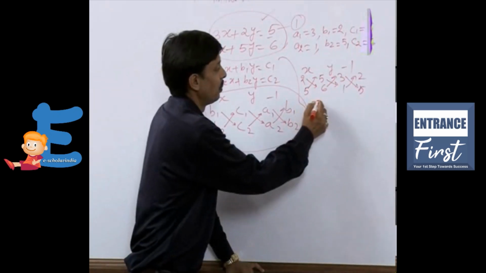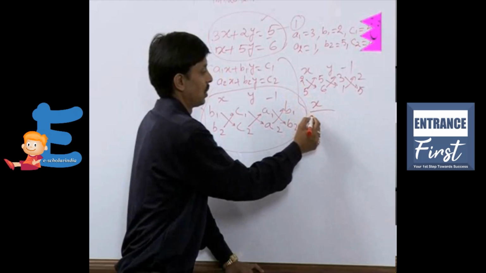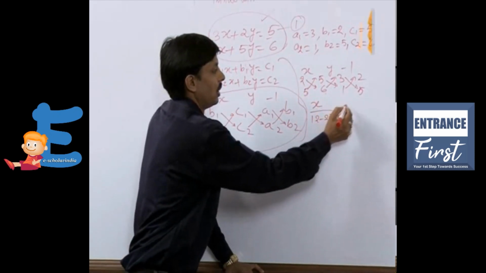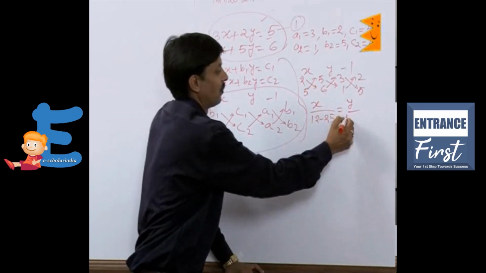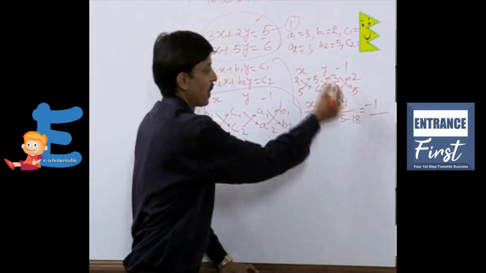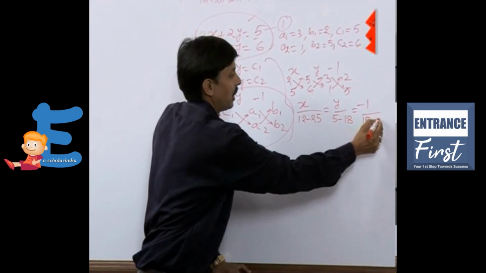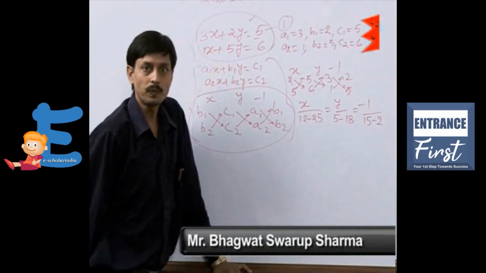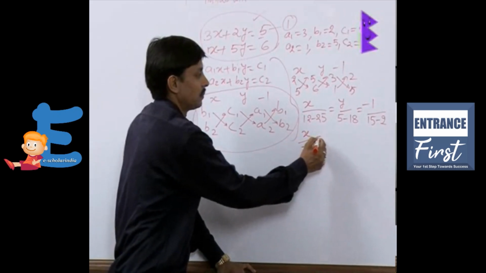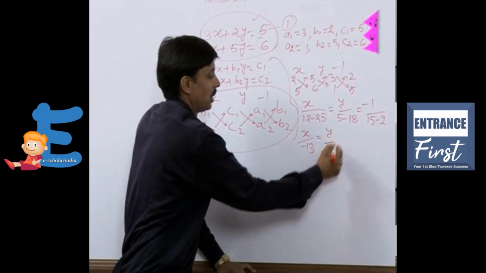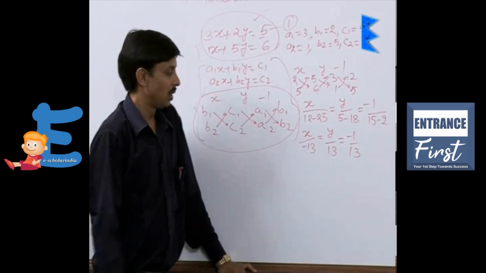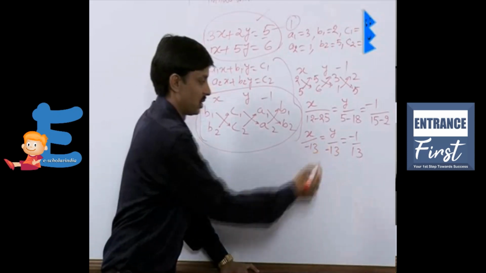It is coming out to be x upon 6 into 2 is 12 minus 5 into 5 is 25, is equal to y upon 5 into 1 is 5 minus 6 into 3 is 18, and minus 1 upon 5 into 3 is 15 minus 2. Now this becomes x upon minus 13, y upon minus 13 and minus 1 upon 13.